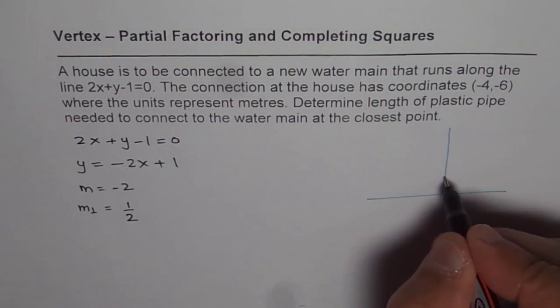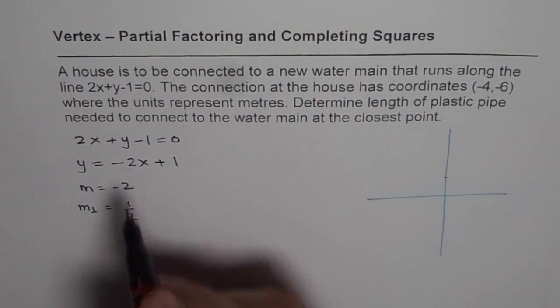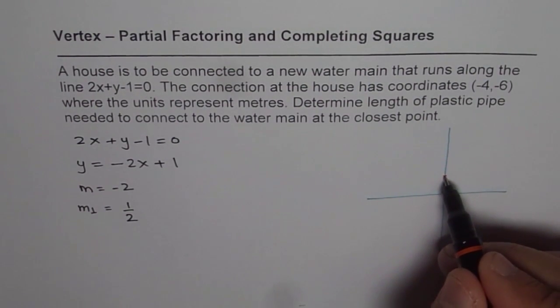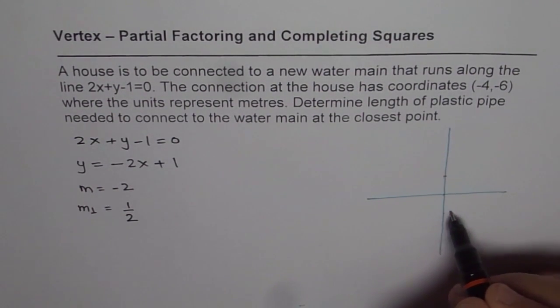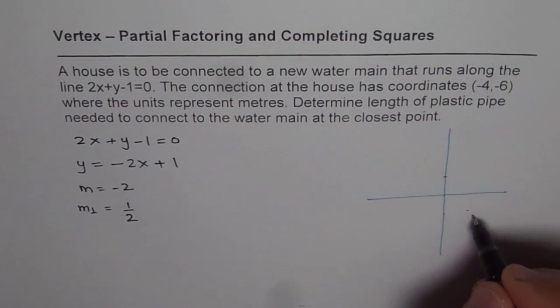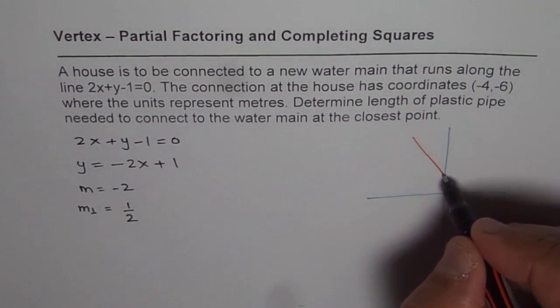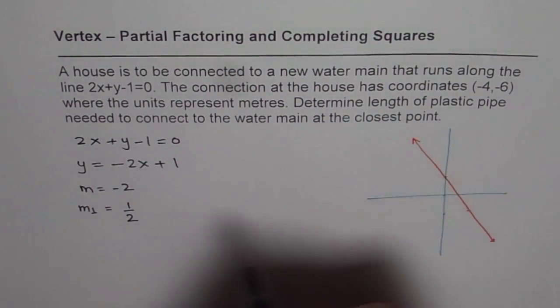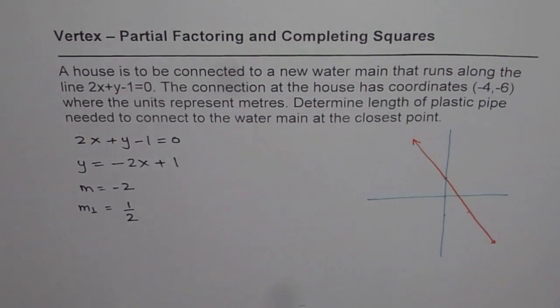That means a y-intercept of 1 and a slope of minus 2, so rise over run is minus 2. The rise is minus 2, go down by 2 units, the run is 1. Joining these two, we get approximately our line.